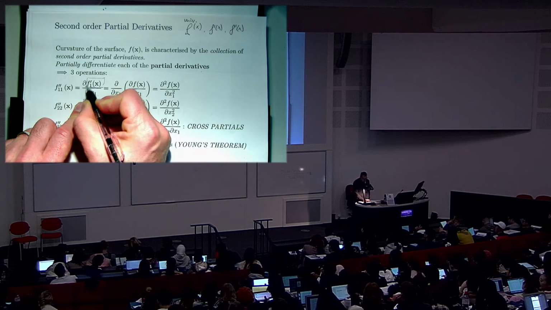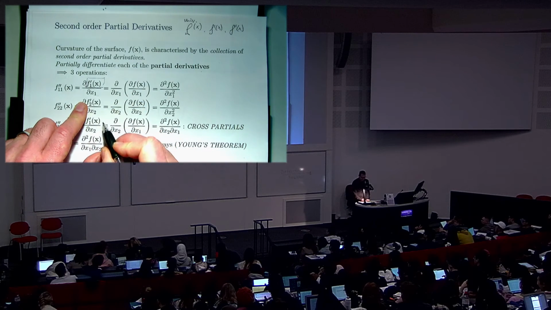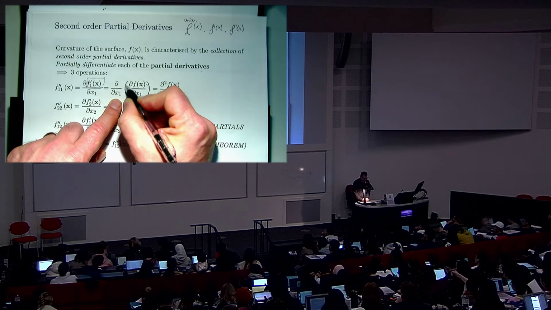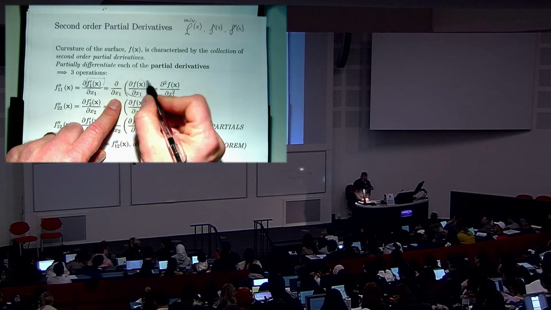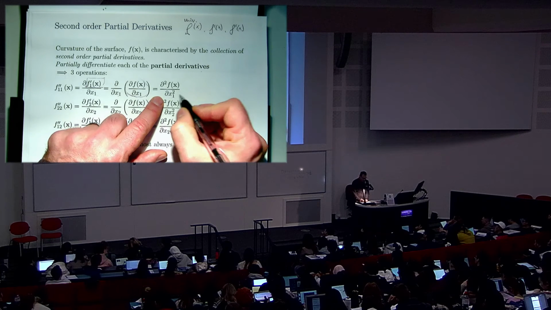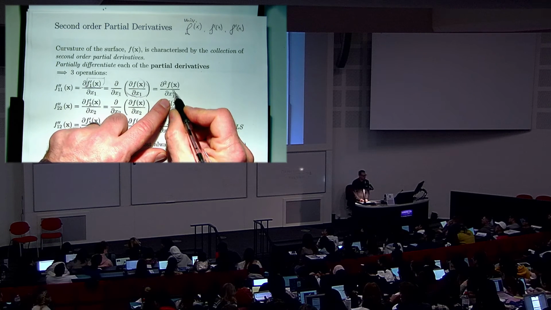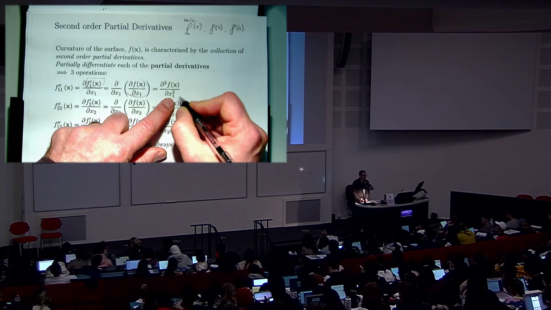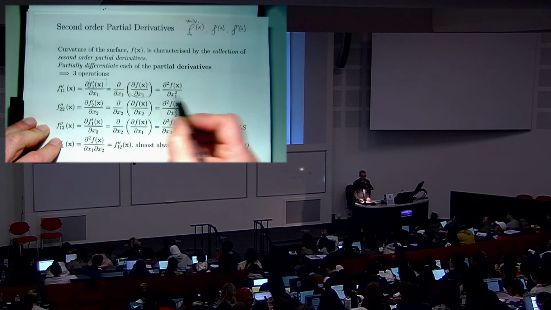And then take the partial derivative of that with respect to x1. Okay? Or we can just say this was again the first order partial derivative, and we take the partial derivative of that whole thing with respect to x1. Or we say we have the second order partial derivative with respect to x1 squared, which means nothing else as with respect to x1 times with respect to x1. All these 4 things mean the same thing.